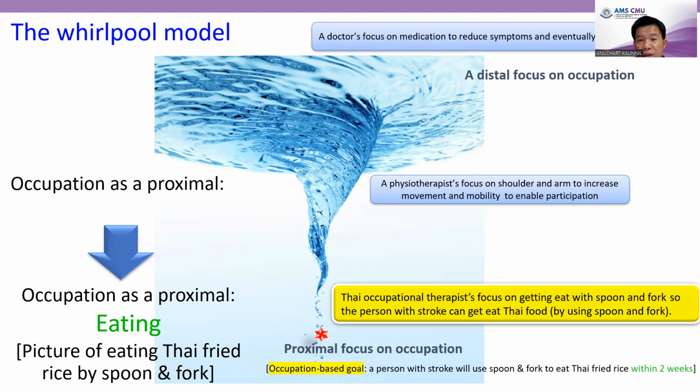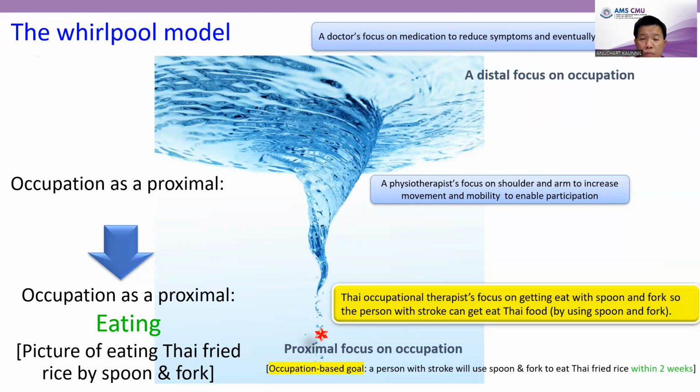With an occupation-based focus, a person or our client with stroke will use spoon and fork to eat Thai fried rice within 2 weeks. This is an occupation-based goal. Thai occupational therapy is focused on eating with spoon and fork, so the person with stroke can eat Thai food using spoon and fork.